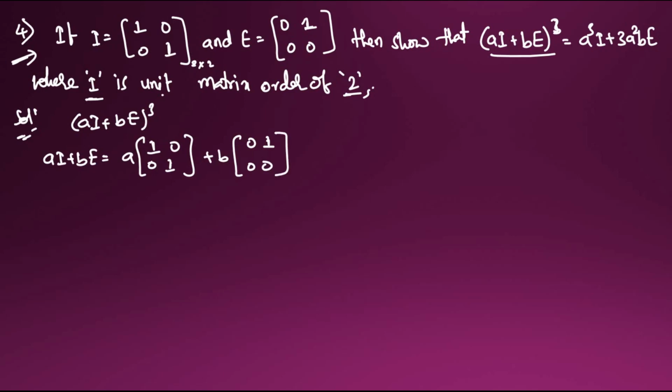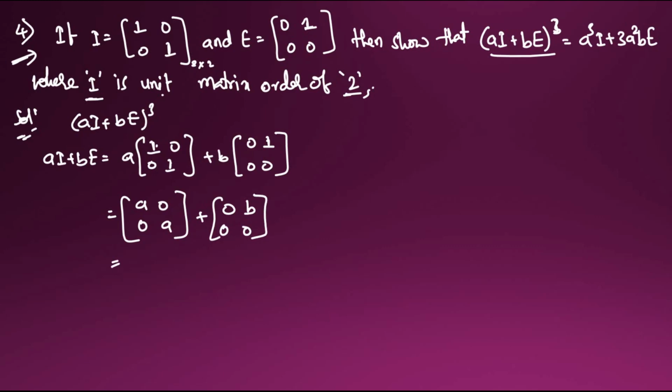Okay, 0 1 0 0 here. Now from this what we get: A into 1, A into 0, 0, 0, A will get, and after that we will get B into 0 0, so 0 B 0 0 will get here.